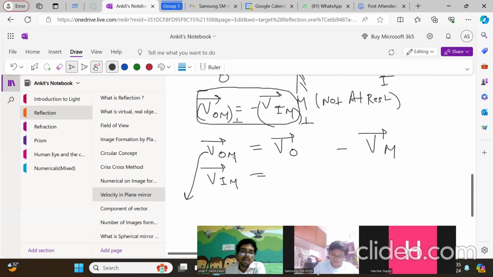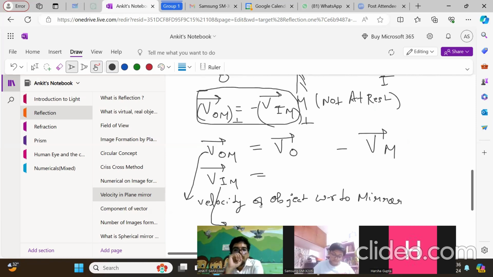Velocity of object with respect to mirror. Clear? Yes, sir. Now what is VIM? Write down. Velocity of image with respect to mirror.